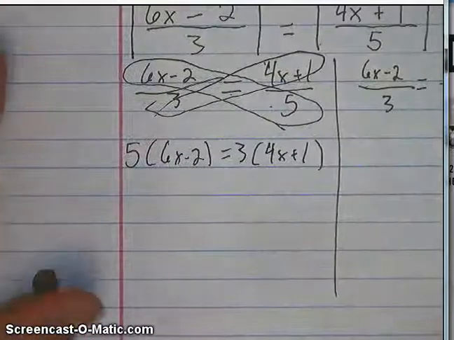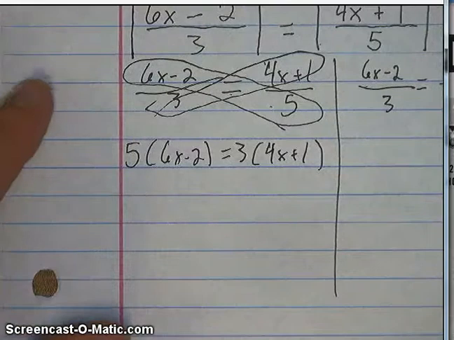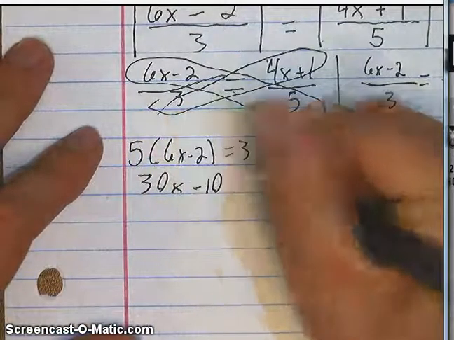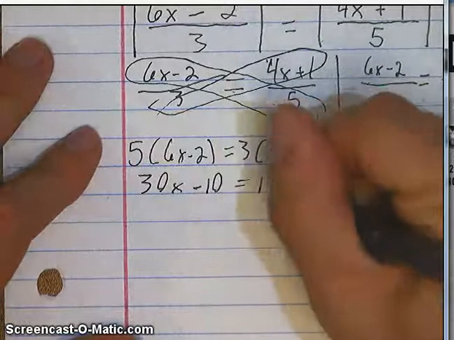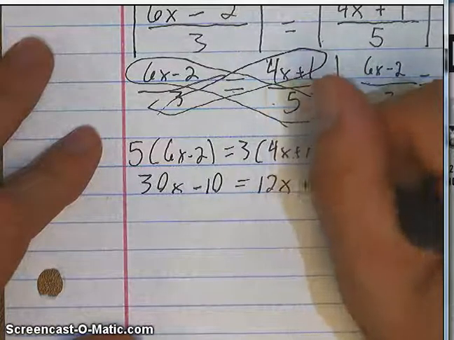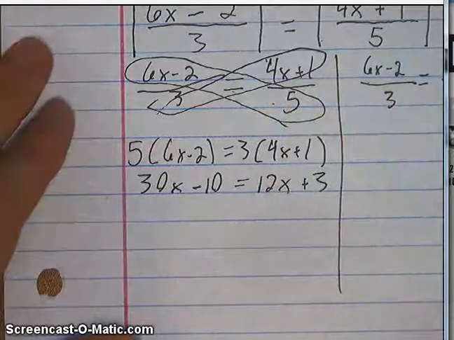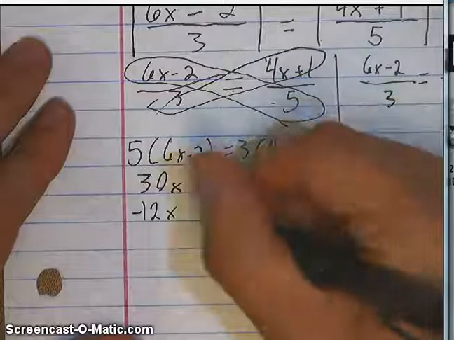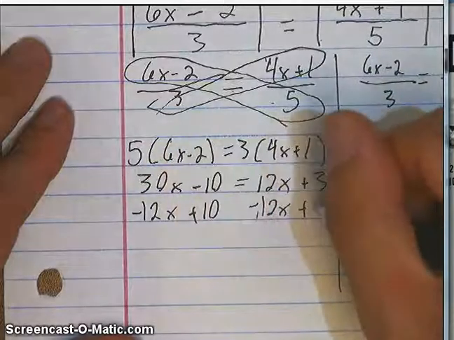And from this point, we're back to Algebra 1, so we're just going to simplify. 5 times 6 is 30x. 5 times negative 2 is negative 10. 3 times 4 is 12x. 3 times 1 is plus 3. Let's solve for x. Minus 12x, minus 12x, plus 10, plus 10.